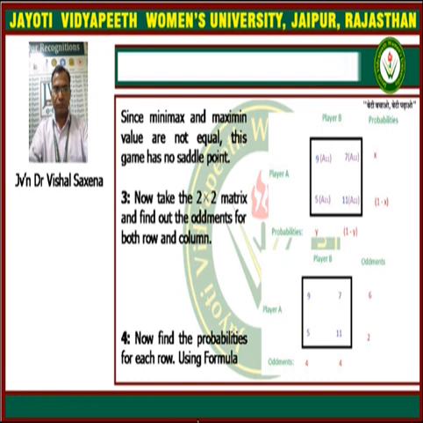This method is applicable in conditions where the saddle point does not exist, and it is a good method for the 2 into 2 game. If the game is of a higher size, then it can be reduced by the use of the dominance rule, and can be solved by this Oddment method.